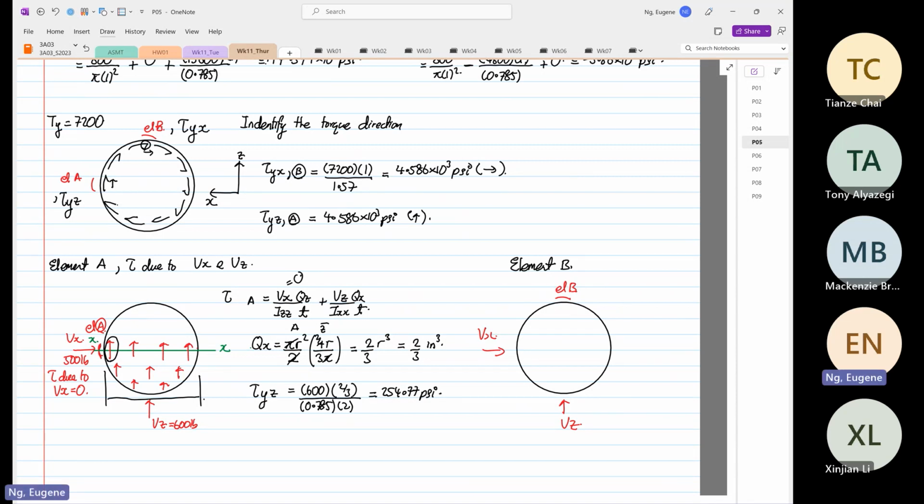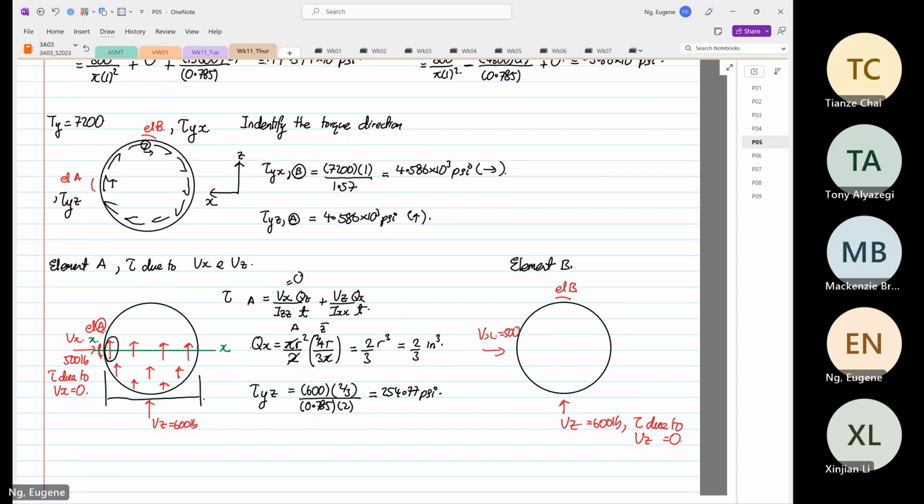So we know Vz, which is equal to 600 pounds, the shear due to Vz is equal to 0, right? So the only thing that we have to care about now is the 500.